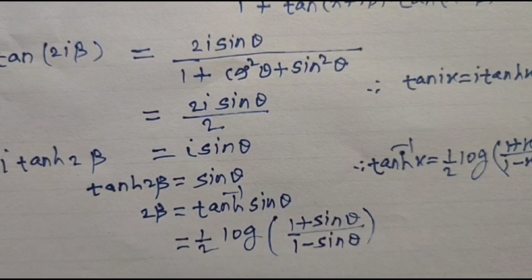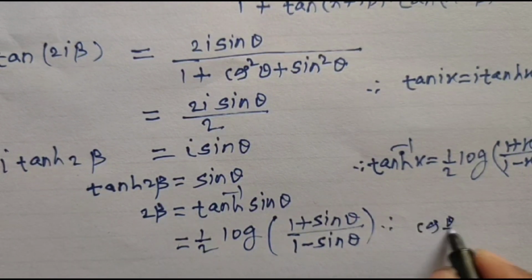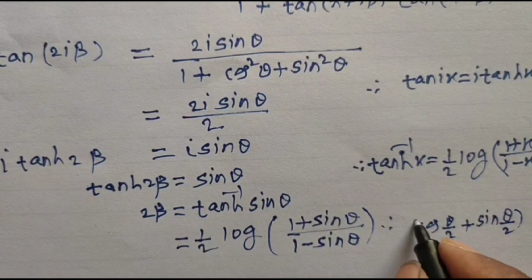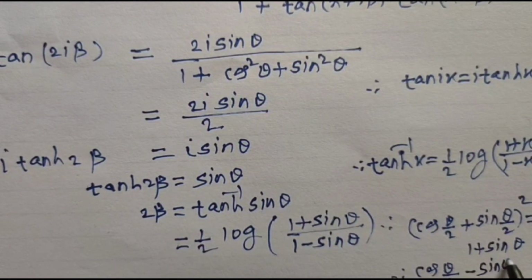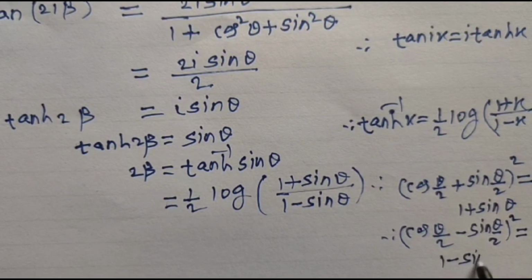Again, we know the trigonometrical result, cos theta upon 2 plus sin theta upon 2, square of this is equal to 1 plus sin theta, and cos theta upon 2 minus sin theta upon 2, square of this is equal to 1 minus sin theta.